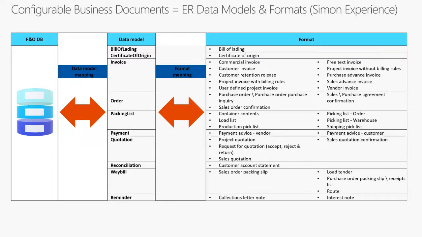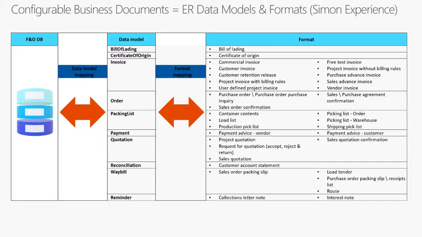It's not purely finance and supply chain management entities. For example, for payments, we use the ISO 20022 standard. And you need to map this model with data sources in finance and supply chain management. But after that, you can use these business entities to map to a particular format. And actually, a configurable business document template is a specific case of what we call an electronic reporting format.